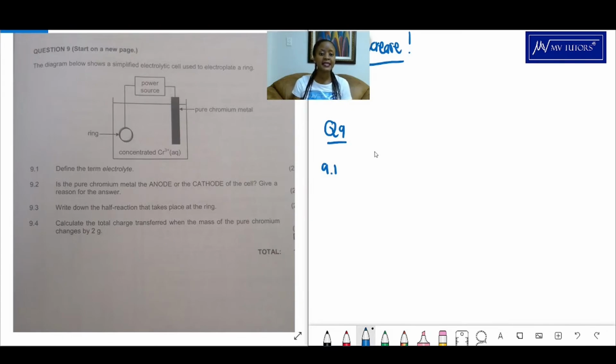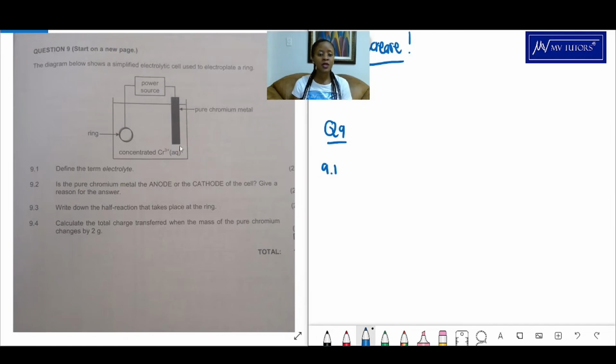9.1 says define the term electrolyte. Remember, you have your electrode, which is your pure chromium metal, on the oxidation side, there on your anode. Here at the anode, you have the pure chromium metal, and here at the cathode, you have your ring.